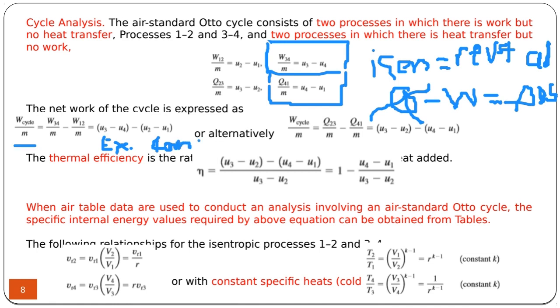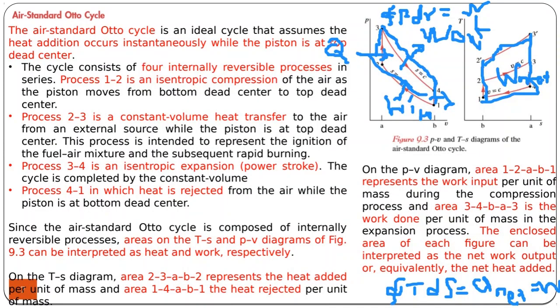And it can also be obtained from the difference of the Q's, because as I already said, in a cycle, W net is equal to Q net. So if you calculate the Q net from the difference of the added heat and rejected heat, this is the heat addition at this location, and this is the heat rejection at the exhaust process.